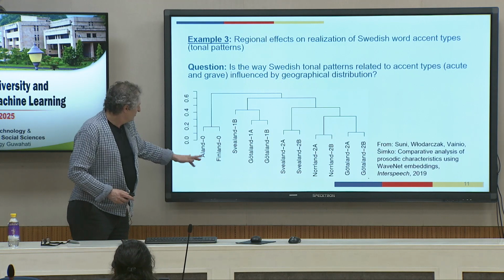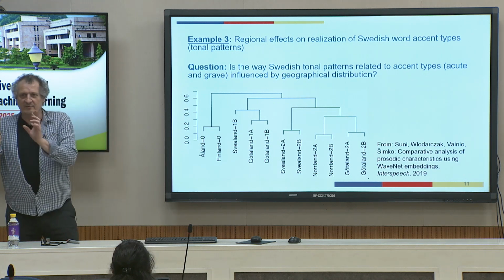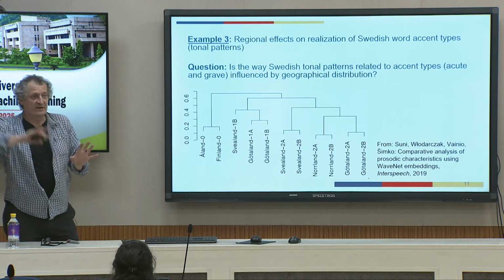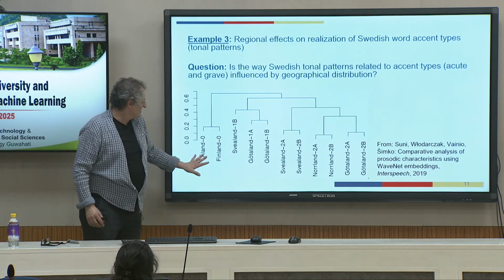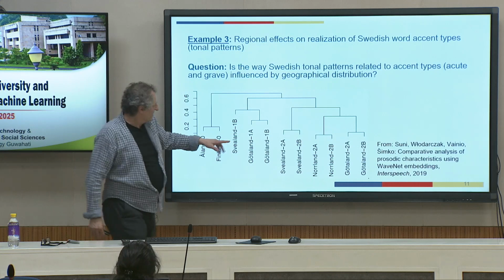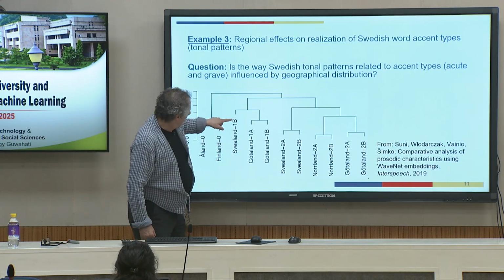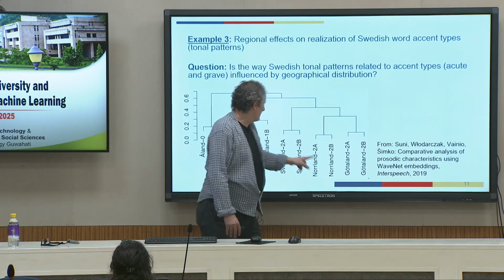You can essentially see that this is all the possible combinations of some geographic area in Sweden and the accent type. So accent type 0 is only spoken in Finland and Åland, which is this island halfway between Finland and Sweden. But accent type 1B, for example, is spoken in 2 areas. 2B is spoken in 3 areas.